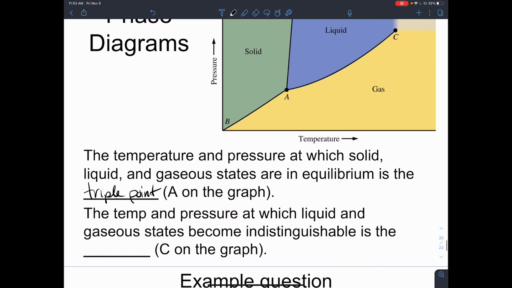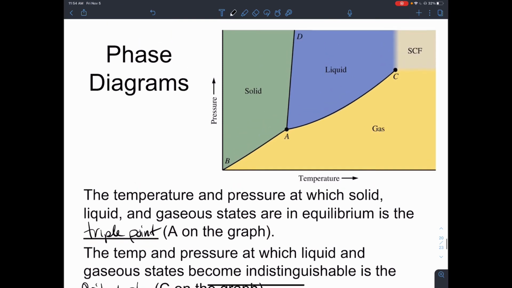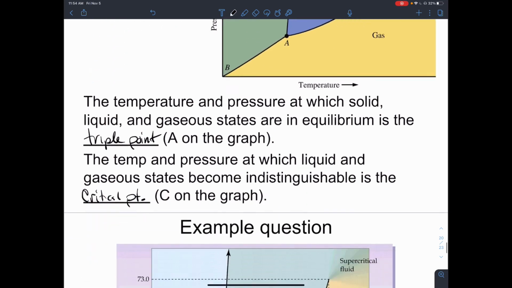The temperature and pressure at which liquid and gas states become indistinguishable is part C. That's called the critical point. This is referred to as supercritical fluid. You can think of it as plasma.